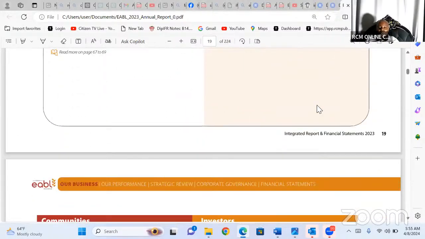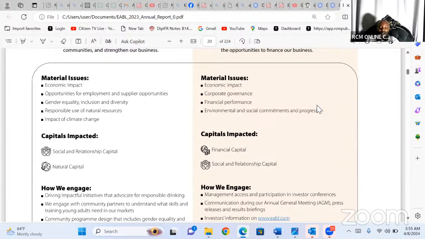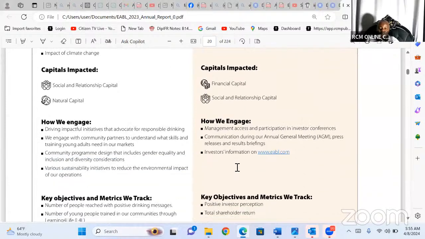Let's see what these guys normally talk about. You can see here they are talking about capitals impacted. Yesterday I told you about capitals. You can see social and relationship capital, and natural capital was impacted. For each, if it's a material issue, they give us the six capitals: financial, social, natural capital, all of them.